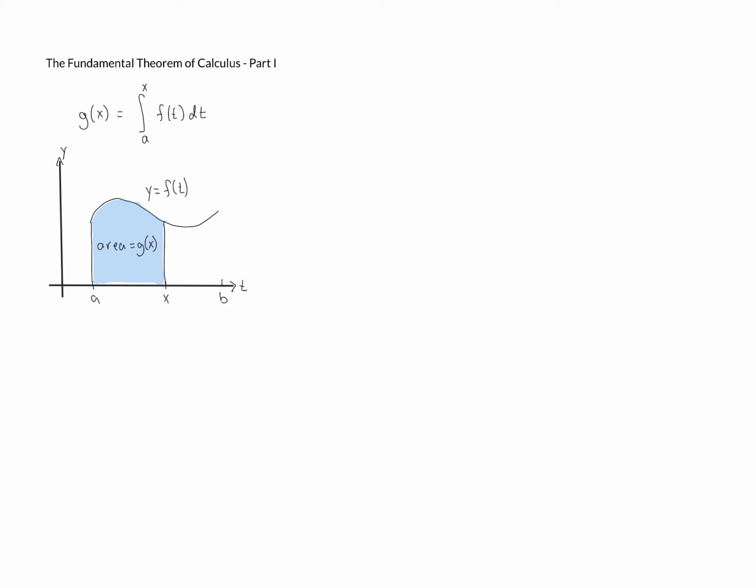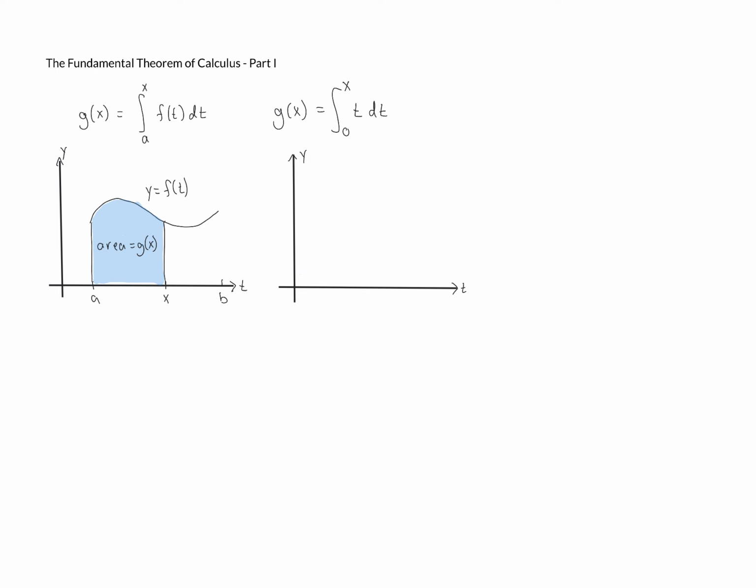Let's look at a more concrete example. Let's actually look at something where we know what our f of t is. Let's say g of x is equal to the integral from 0 to x of t dt. Now, this function, y equals t, where t takes the place of our x-axis, and then y is the y-axis.